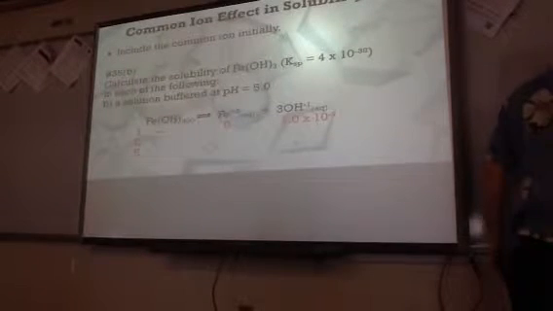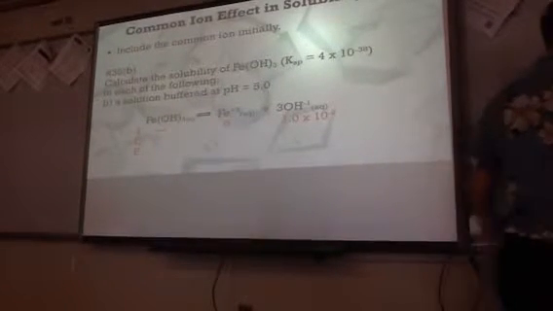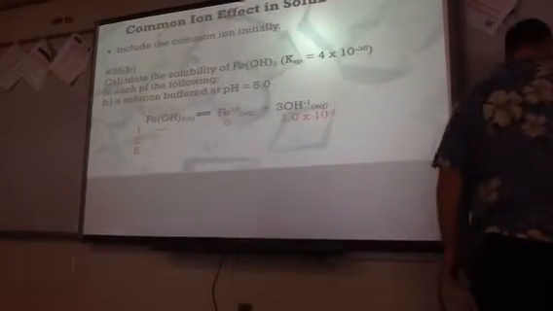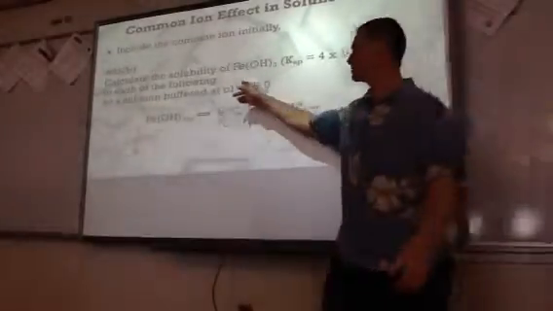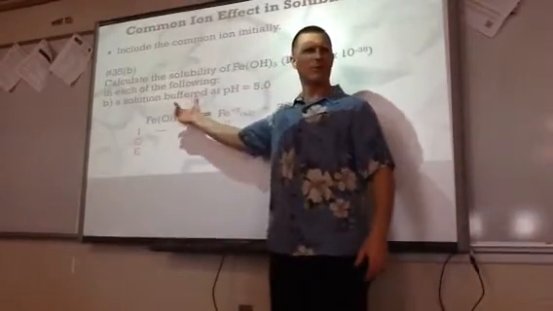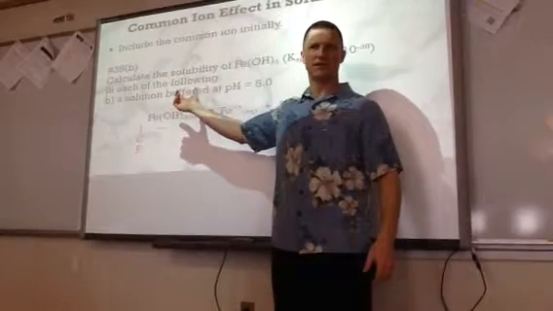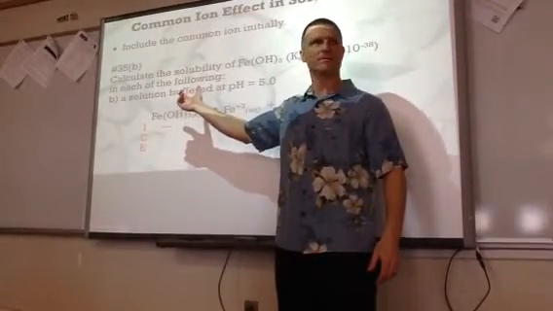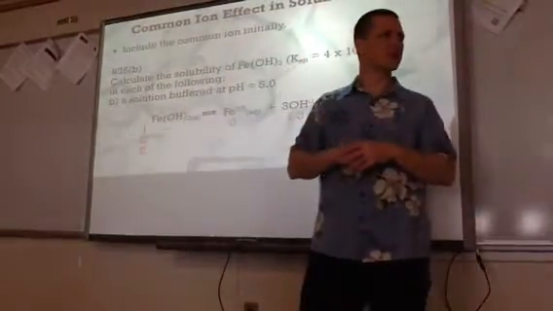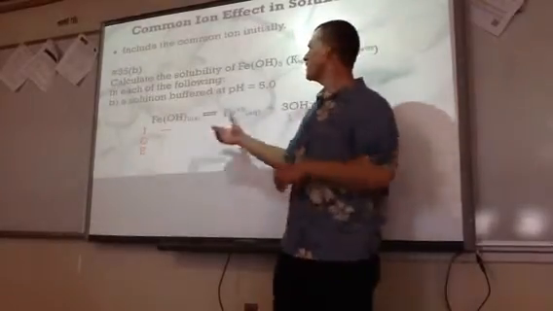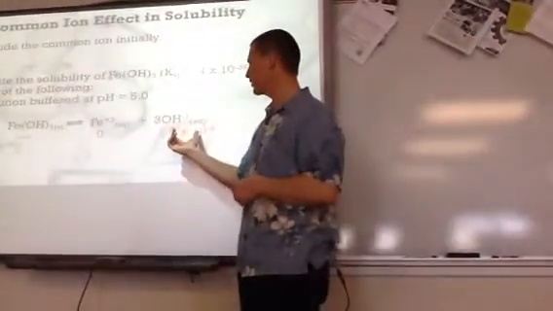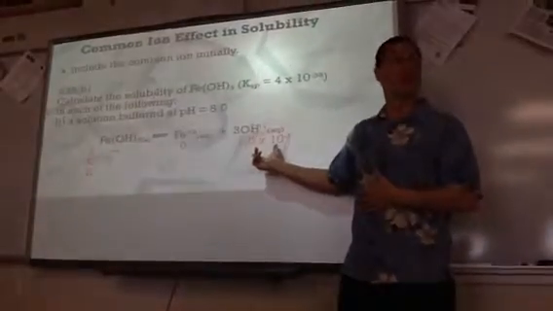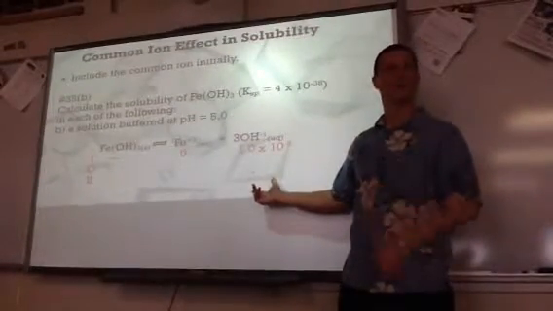Now, there's a word in that problem that we don't want to neglect, and that is that the solution is buffered. Remember what a buffer does? I hope so. It tries to resist changes in pH. So if the concentration of hydroxide is this, and it's buffered, what will it be at equilibrium?